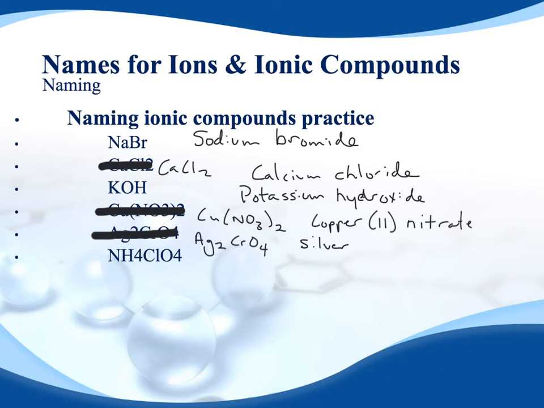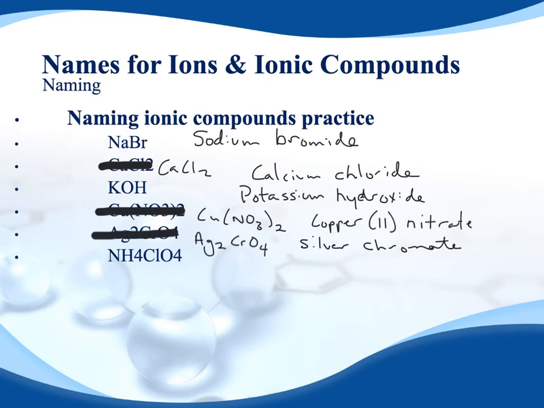So even though it's a transition metal, it only forms +1 charges. So therefore, we aren't going to need to put this in parentheses. We don't need to figure out the charge because we know it has to be +1. Okay, and now we just need to name the polyatomic anion, which in this case is a chromate ion. So the name of this compound is called silver chromate.